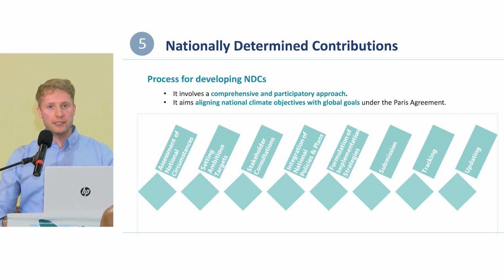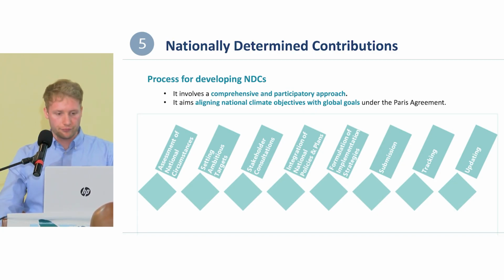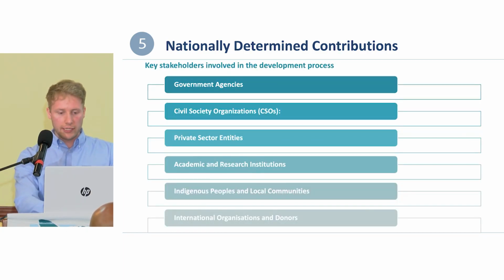But with an NDC implementation plan, really by sector, specific activities are defined. Responsible ministries, responsible companies for the data, for tracking the progress. And with that, you really, as a country, embark more on a clear path on what you actually need to do. And then there is submission of the NDC, tracking and updating, within the timeframes as indicated.